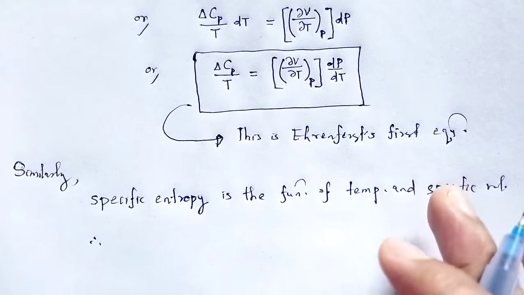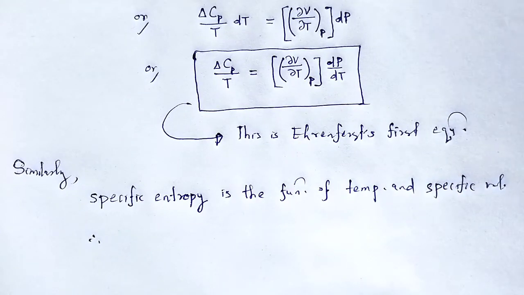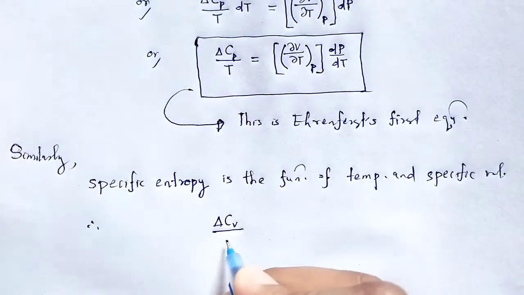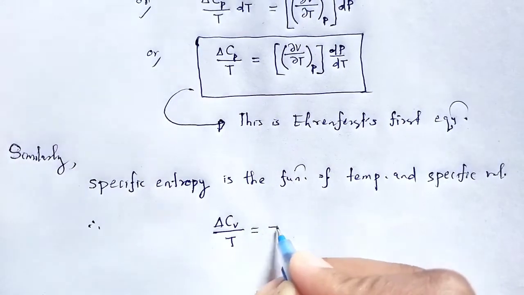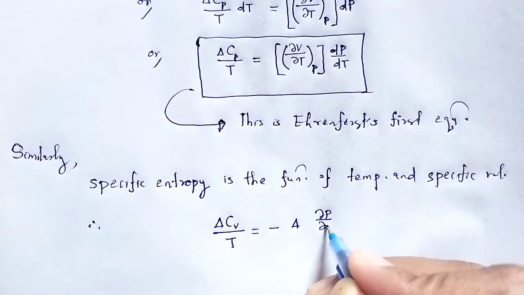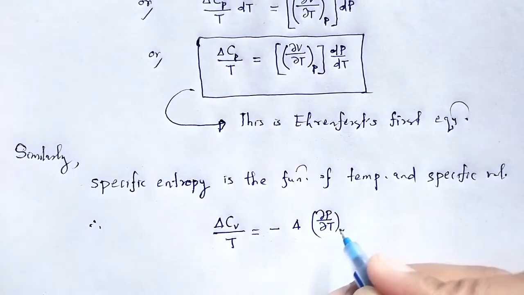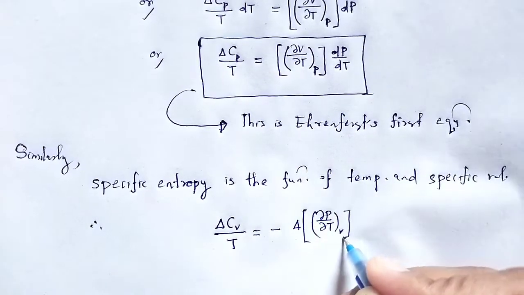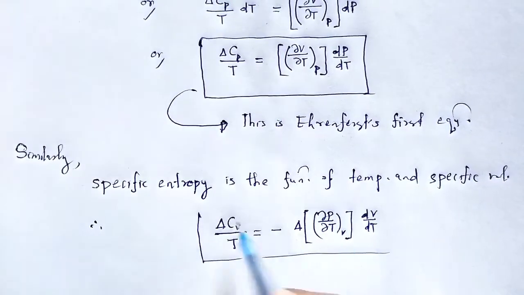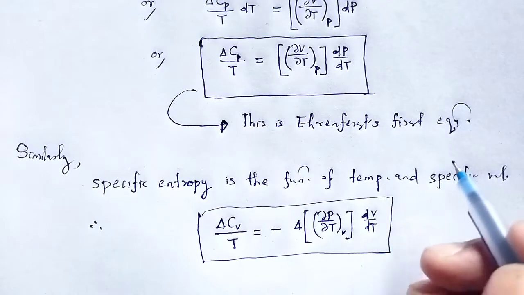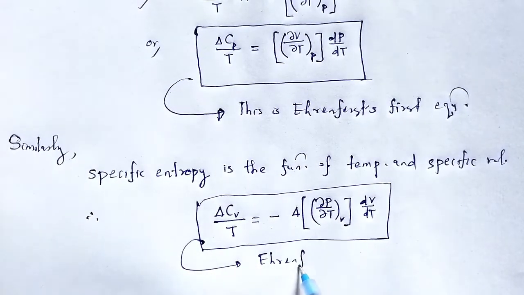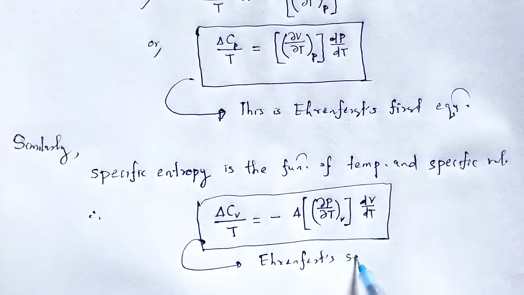Therefore, the equation looks like, that is del Cv by T is equal to minus del of del P by del T at constant volume dV by dT. That is the Ehrenfest second equation.